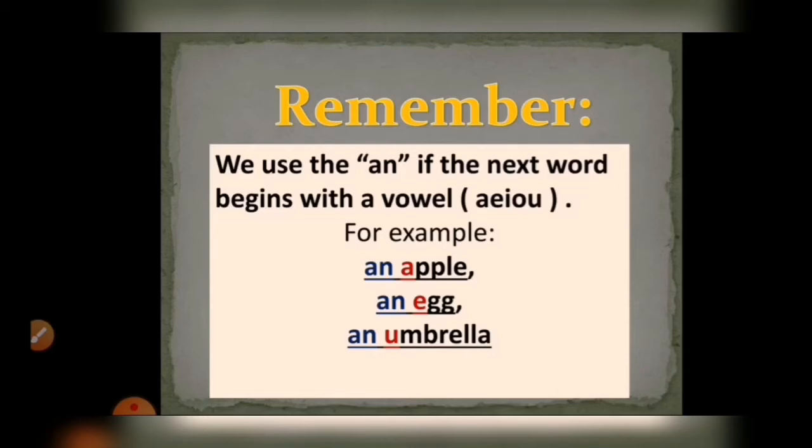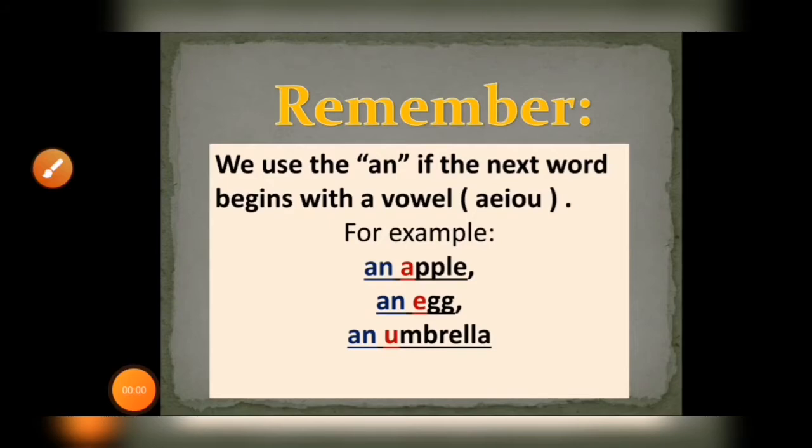An apple, an egg, an umbrella. So the letters in red are the vowels. Like the article a, we use an for singular forms only. So again, we use an if the next word begins with a vowel.